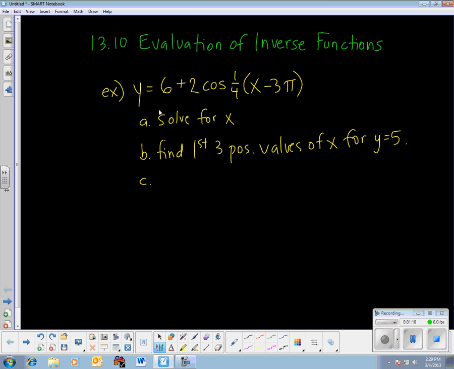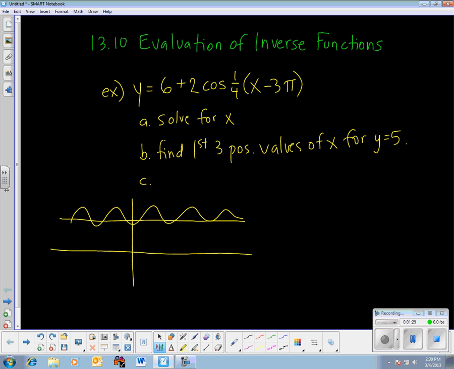As you will see soon, there are infinitely many times when y equals 5. Imagine this cosine graph that's been moved up 6 with an amplitude of 2. It's going to be crossing the horizontal line y equals 5 several times. We're just going to find the first three positive ones.